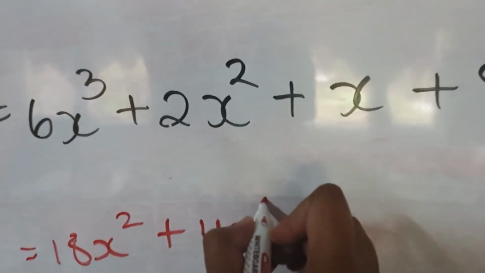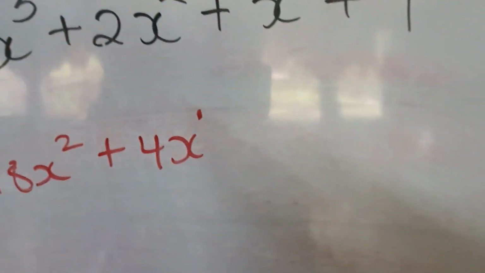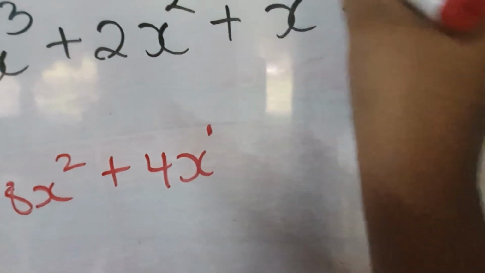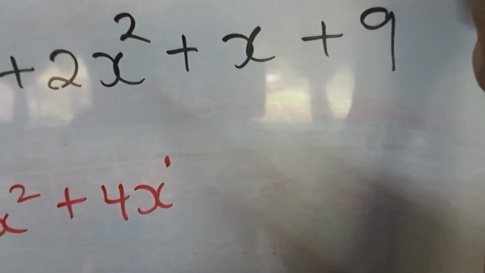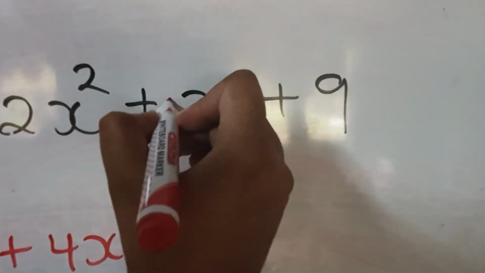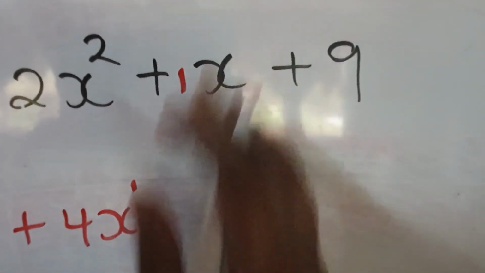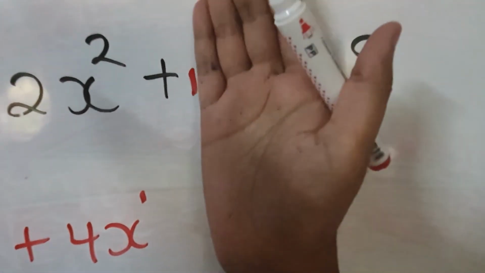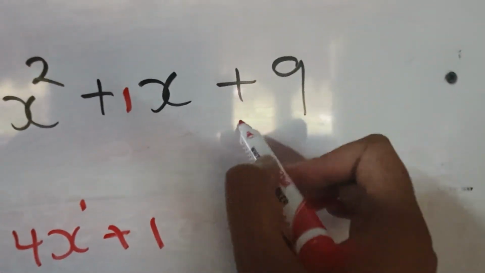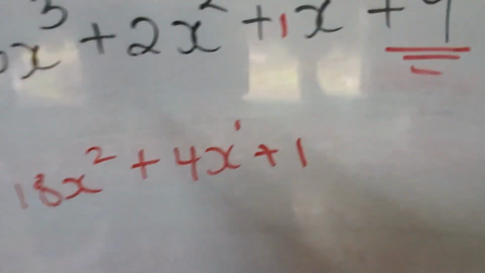X, we're reducing that by 1, we'll get 1, or you can just leave it as x. Now, we say when we have like 2x, we'll just drop off the x, and we get 2. So this x by itself we know is 1x. So if we drop off the x, we know that is 1. And we said anytime it's a constant, it's going to 0. So that's it.